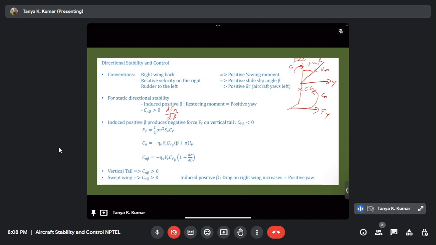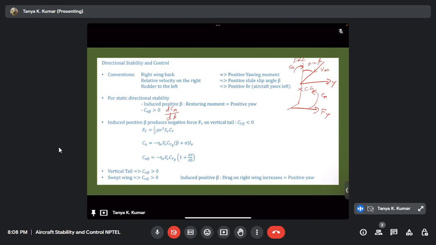Now, induced beta positive produces what kind of force on the aircraft? It produces force in the negative y direction, right? The positive beta produces force in the negative y direction, which is why your Cy beta, this dCy by d beta, is negative. Positive side slip produces negative force in the y direction.